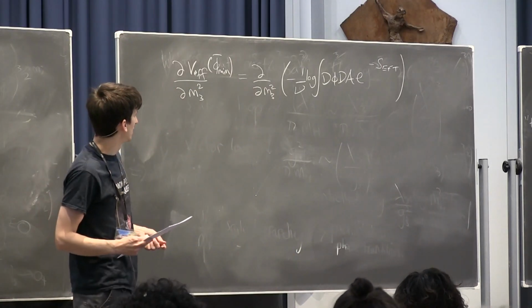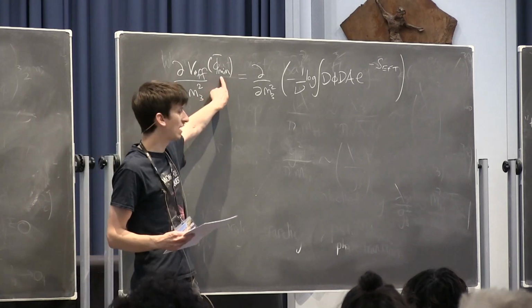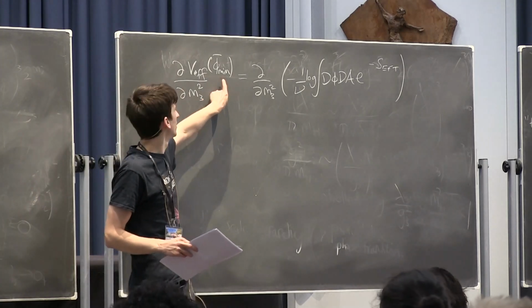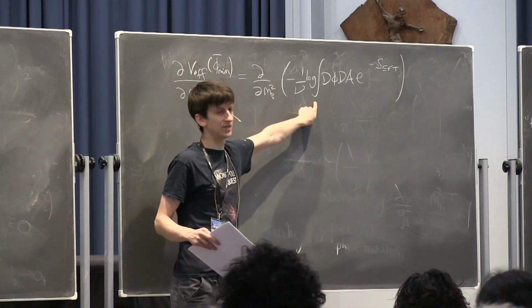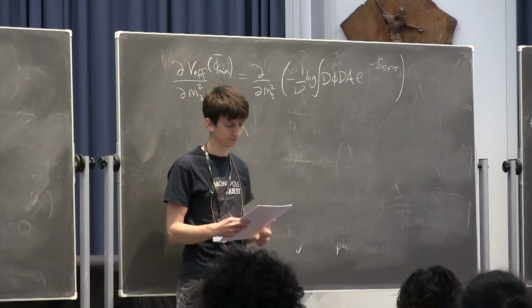So why have I done that? By the way, this is evaluated at the minimum. So this argument is no longer free. We've essentially integrated over it, which is why I don't have a p not equal to 0 there.